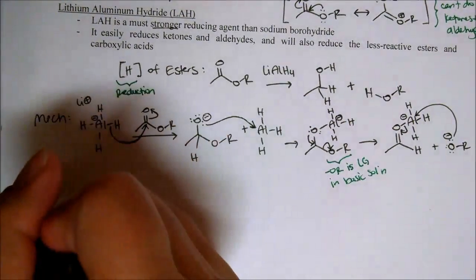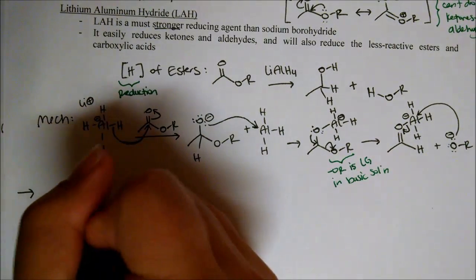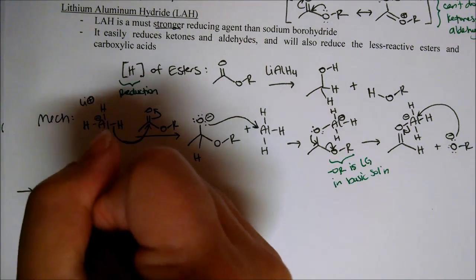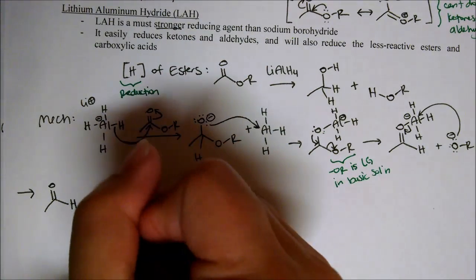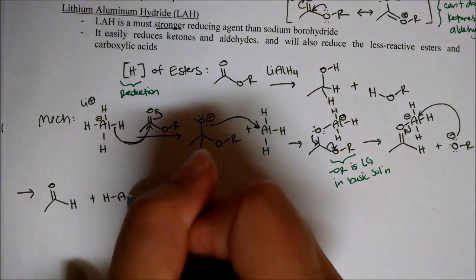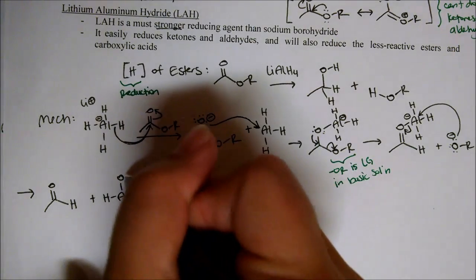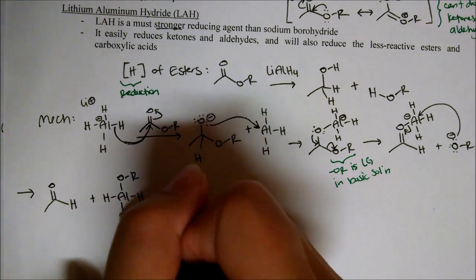Interesting. So now we have an aldehyde, and we have our aluminum. Importantly, it's got 4 bonds.